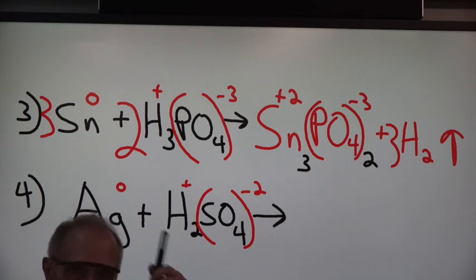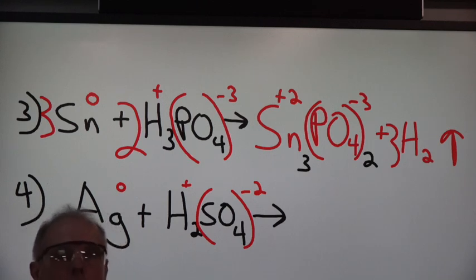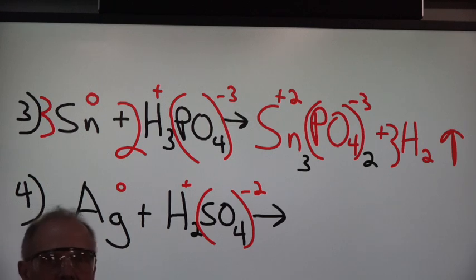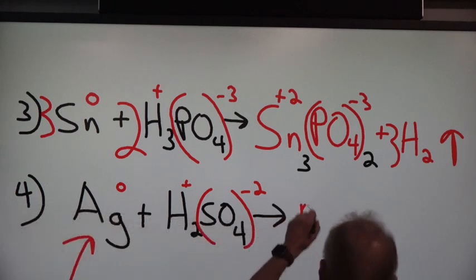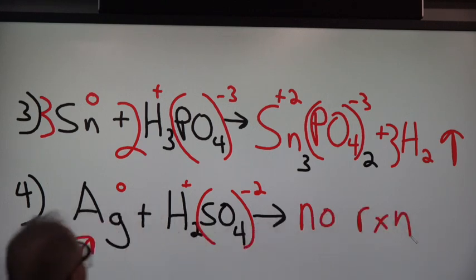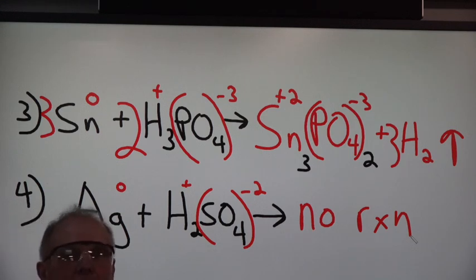Any metal that's below H2 will not react when you put an acid on it. So, if you see this on one of my assignments, and you probably will, you do this. No reaction. There's no reaction because silver does not produce hydrogen gas with any acid.